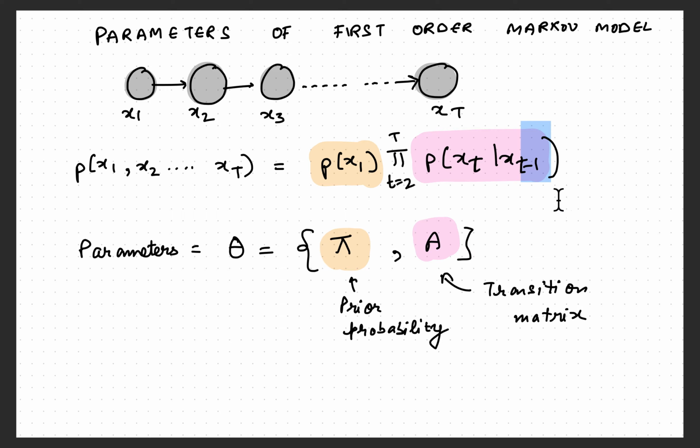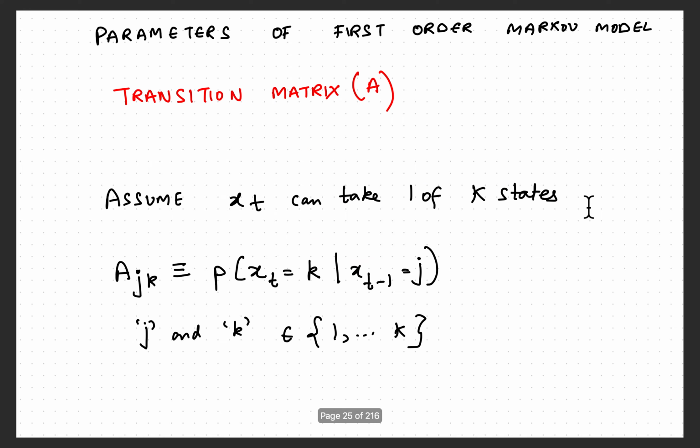Now let's try to understand both of these terms, prior probability pi and the transition matrix A. First, let's look at the transition matrix A. Now, we're going to assume that x small t can take one of K states. For the case of the weather example or the outlook example, what is K? So the K was 3. It could either be cloudy, rainy, or sunny, right?